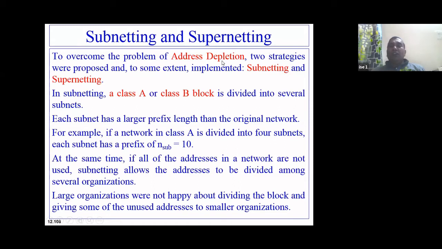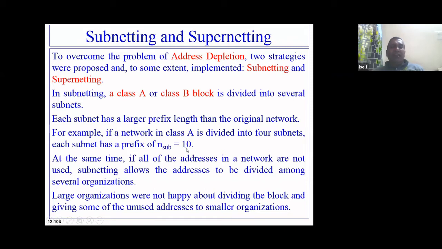So to overcome this problem of address depletion, the shortfall of addresses, they introduced the concept of subnetting and supernetting. In subnetting, the class A addresses were divided into several subnets, and each subnet had a larger prefix length than the original network. So if class A was divided into 4 subnets, each subnet would have prefix 10.